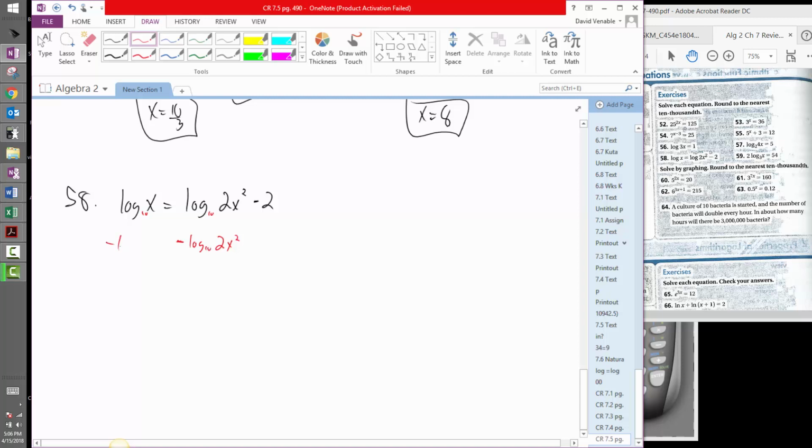And this is log base 10, this is log base 10, but I'm going to apply something I did earlier where we wrote everything as a single logarithm in a previous section. So I'm going to rewrite this as log base 10 of x minus log base 10 of 2x squared, and that's equal to negative 2.